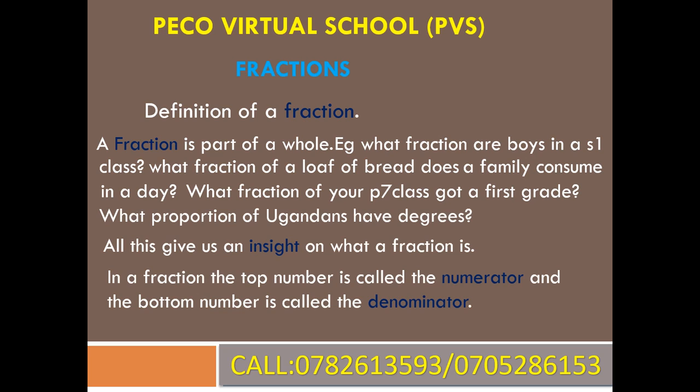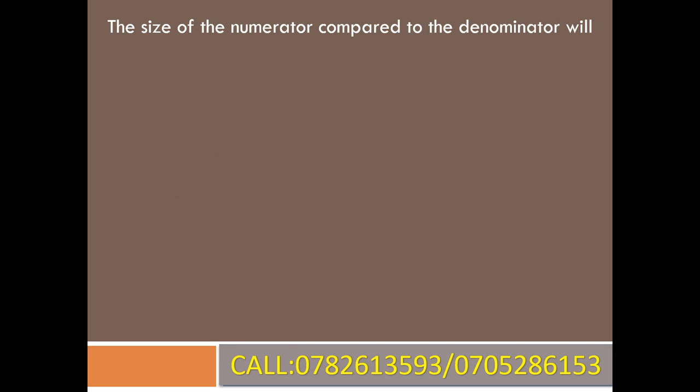In a fraction, the top number is called the numerator and the bottom number is called the denominator. The size of the numerator compared to the denominator will give rise to the different types of fractions. The numerator, to be brief, is the number that is always on top, and the denominator is the number that is always below.